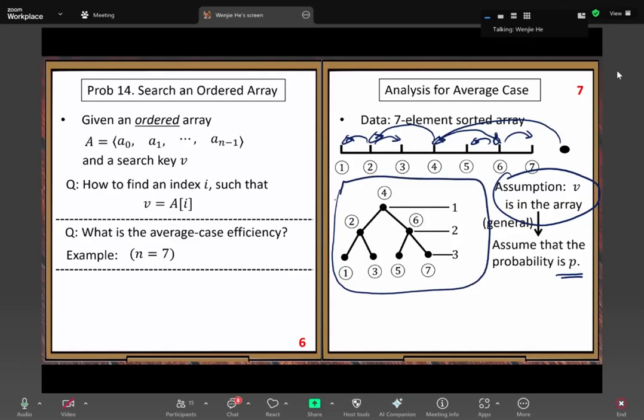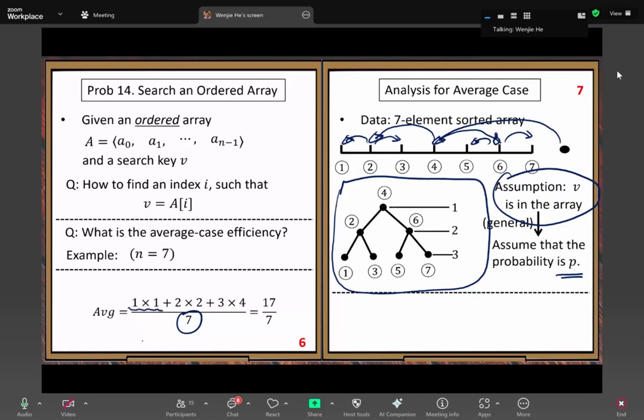So let me write the final formula. Average number, the denominator is easy, total number of cases 7. Now the numerator. The first term is 1 times 1.